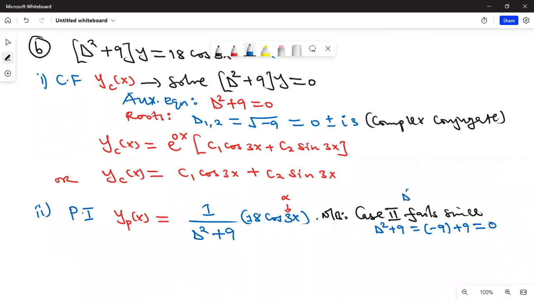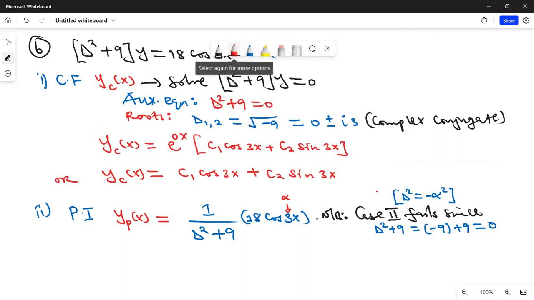Remember, we said D squared is equal to negative of alpha squared. That's what we said in case 2. Where this D squared is, you put negative alpha squared. And in this case, our alpha is 3. So when we do the substitution, we get 0 in the denominator, which is not possible. It is not possible to divide by 0. And that's why we are saying case 2 fails.